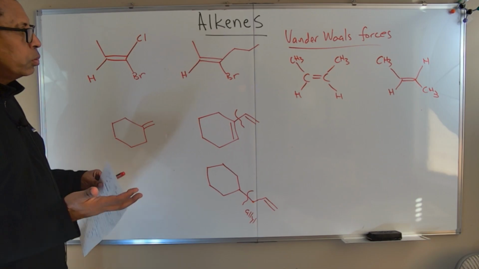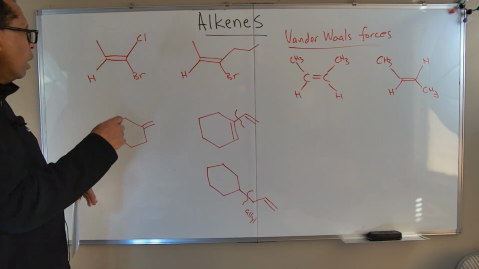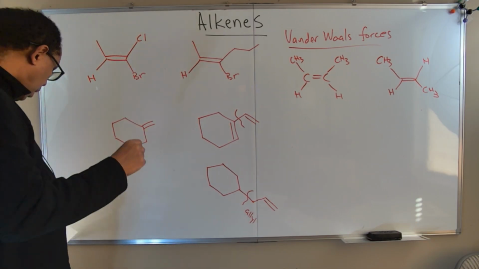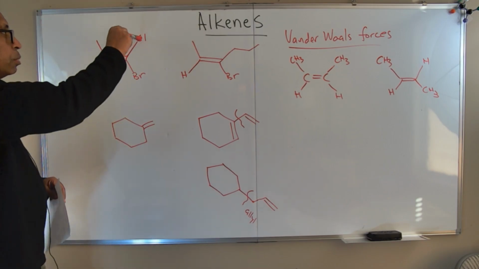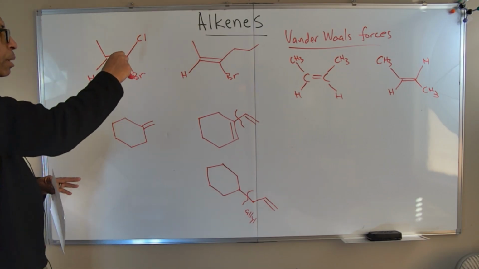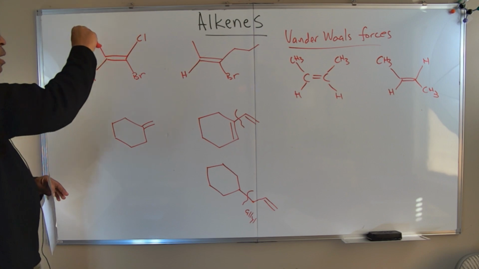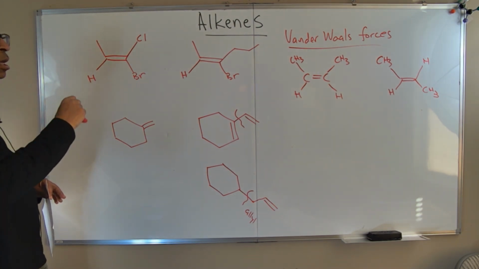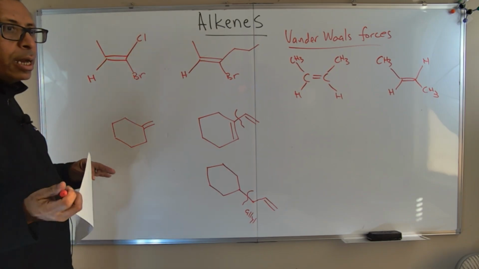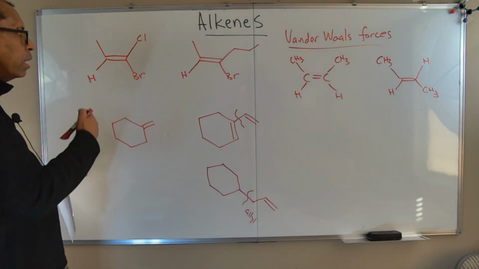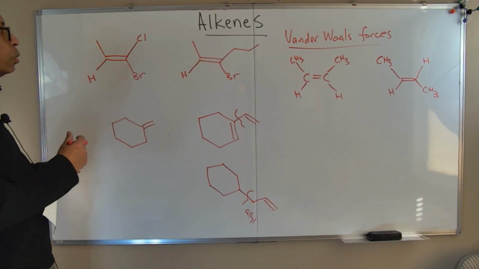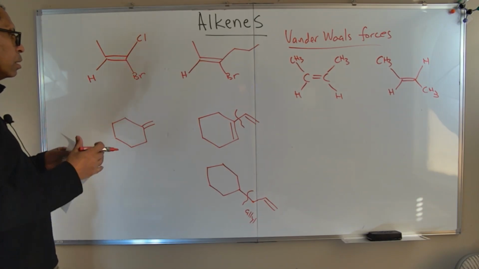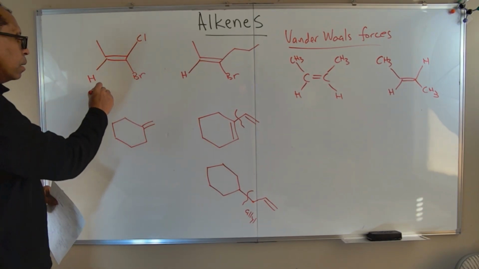Okay, let me say a few words on E and Z isomers as well. Those are similar to cis and trans. For example, in naming this compound, this is between chlorine and bromine. You have a priority for bromine, and you have methyl and hydrogen. Here, this is the methyl group, and so this is obviously an E isomer of an alkene. In naming this, we will introduce that it is a 1E.